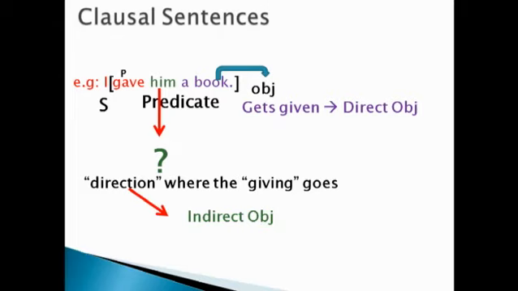We must recall the grammatical classification we make of him, her, me: we learn them as objective pronouns. And why? Exactly because "him" indicates the direction where the giving goes. So the function of "him" is the function of an indirect object.